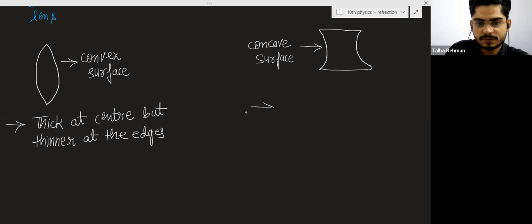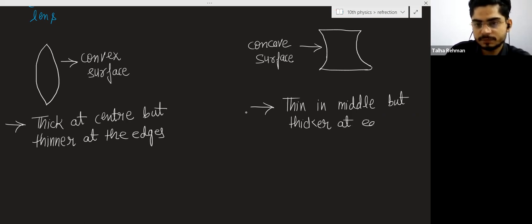And this one is thin in the middle and thicker at the edges. So here this lens is thicker.